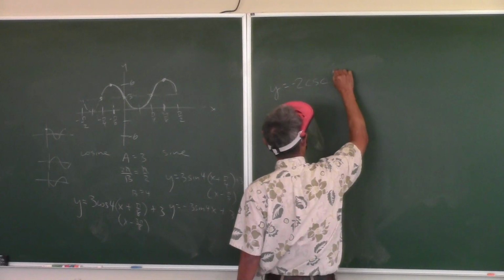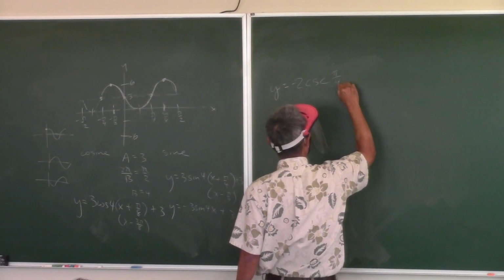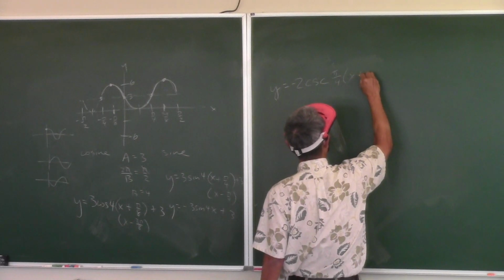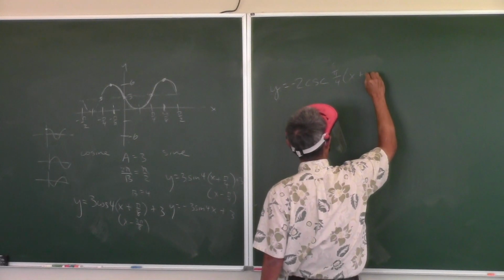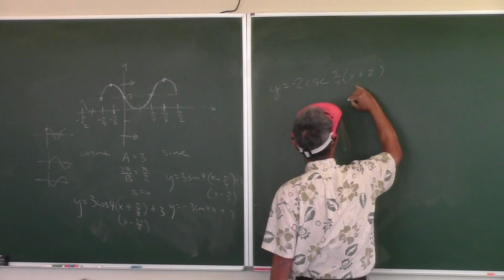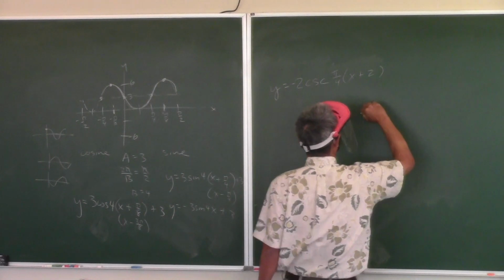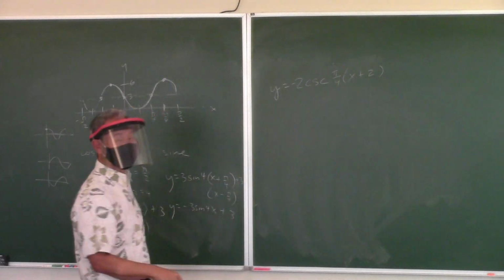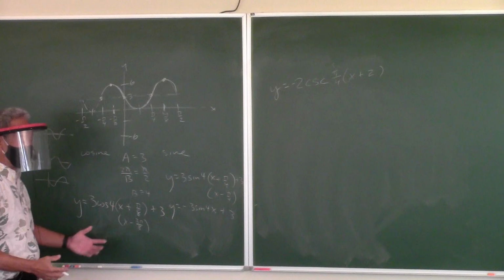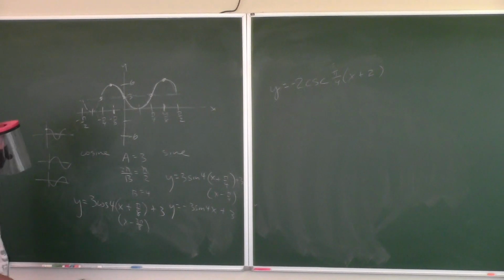How about pi over 4 x plus 2. I'm not going to even make you shift it up or down, because after doing the last problem, you proved to me that you know how to shift up and down.